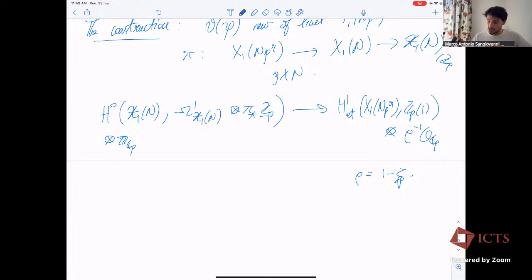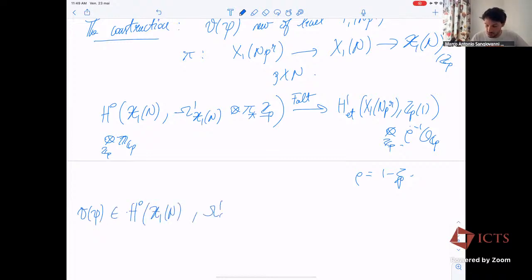for some primitive p-th roots of unity zeta_p. Okay, so this is the map which I called the Faltings map that I built last time. Again, since theta psi is ordinary, theta psi is a section of this space, so it is an element of the Faltings lattice.